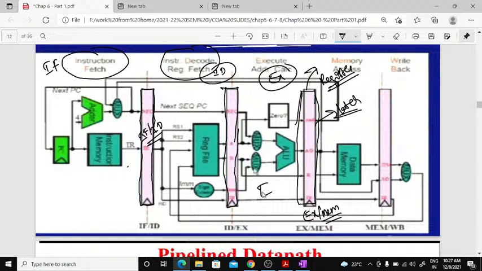This is the execution stage and this is the data memory stage. It means the hardware is designed in such a way that it contains the instruction memory, the decoding and register files, execution, data memory, and write registers. So these are the different stages.